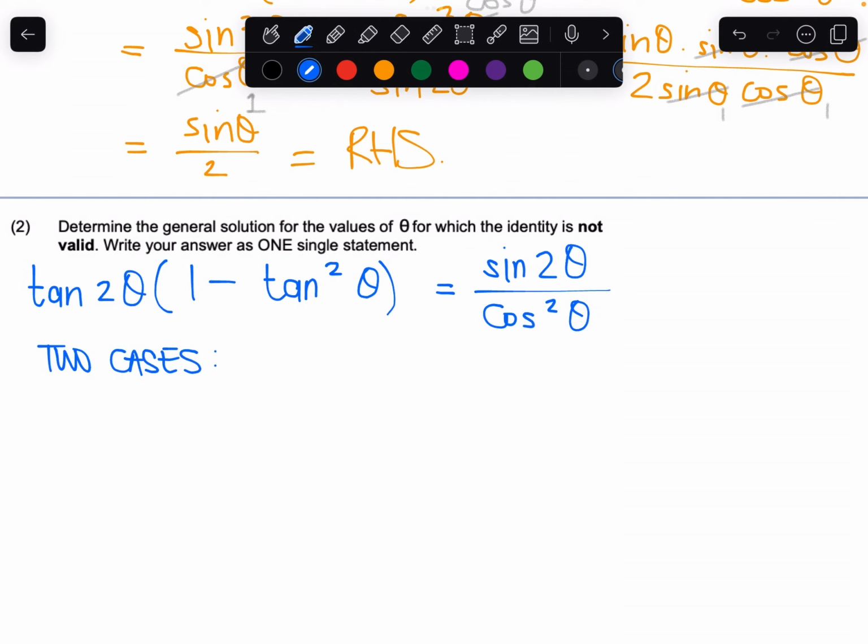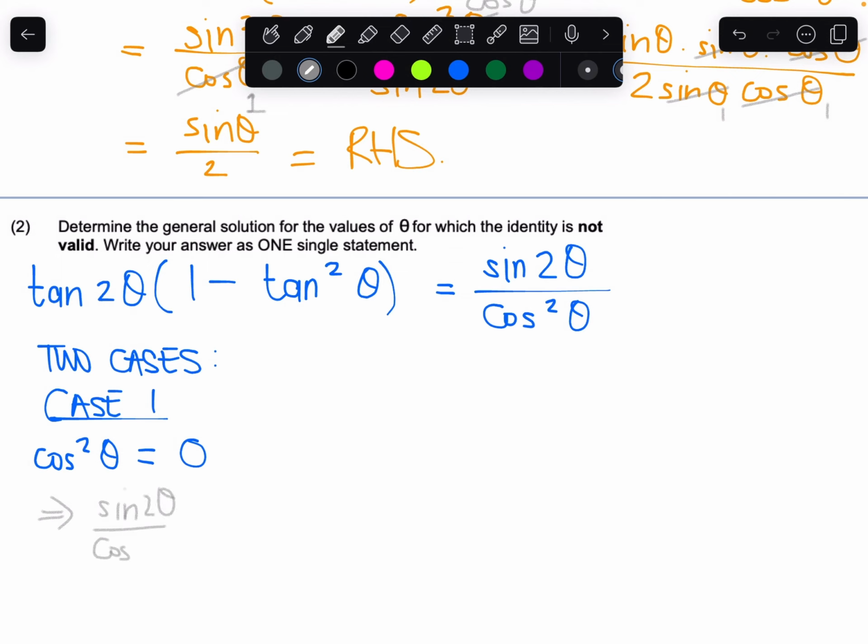Case 1 is where cos squared theta is equal to 0, because then, just write this in pencil, because then sine 2 theta over cos squared theta is undefined, right, which would make this guy undefined, which would make the whole of the left-hand side expression and the identity in general undefined. So that's the first case we're concerned with.